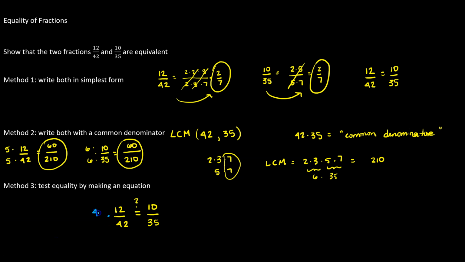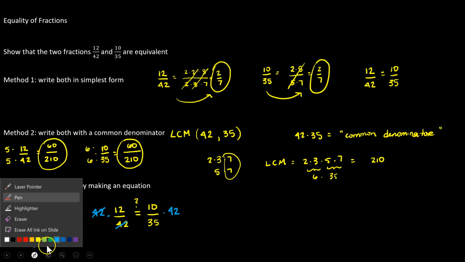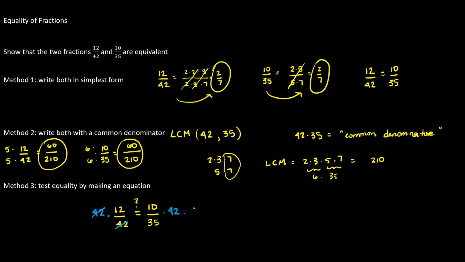So I'll multiply both sides by 42. On the left, the 42's divide off, but on the right, the 42 sticks around. I'll do the same thing with the denominator of 35. This time, the 35 on the right divides off with the denominator, but on the left, the 35 sticks around.